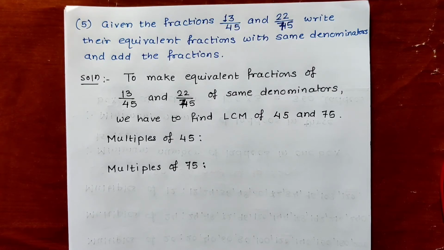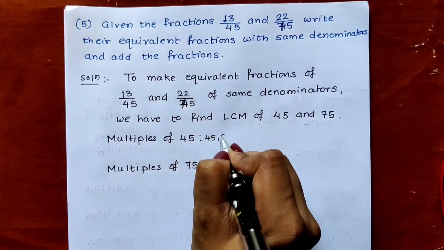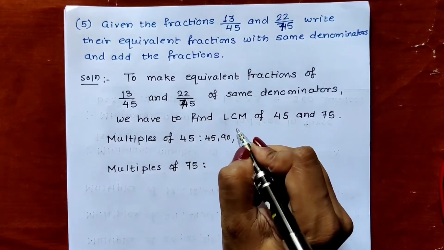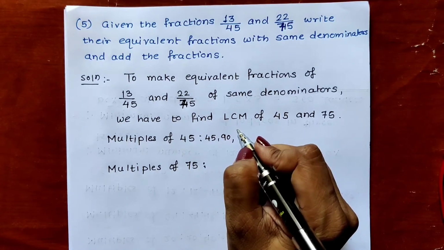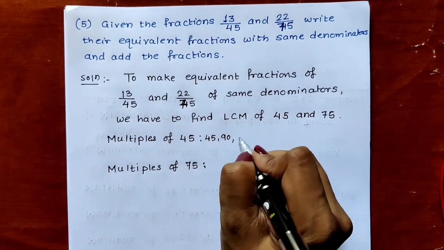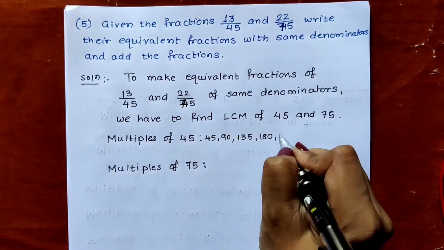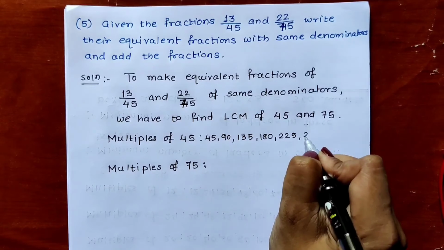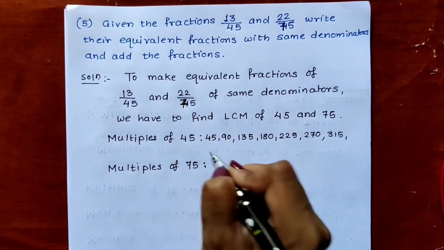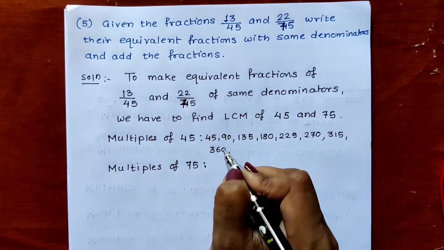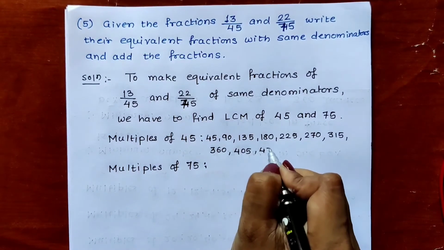So 45 ones are 45, 2s are 90, 3s are 135, 180, 225, 270, 315, 360, 405 and 450.